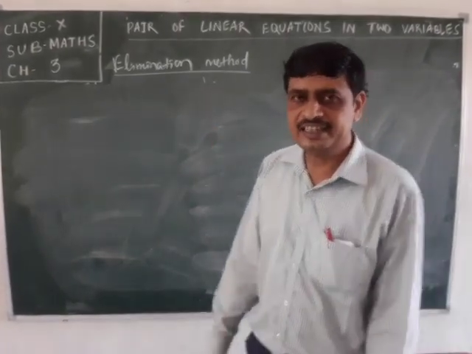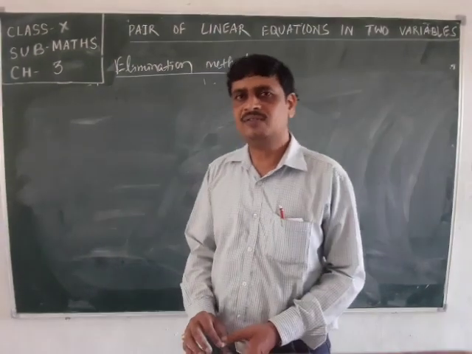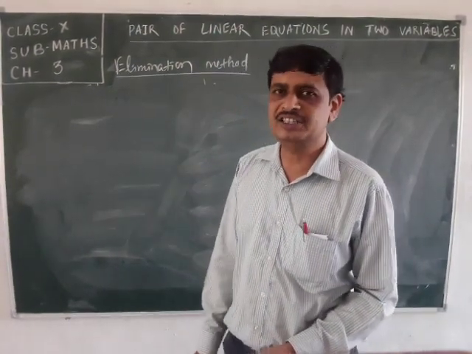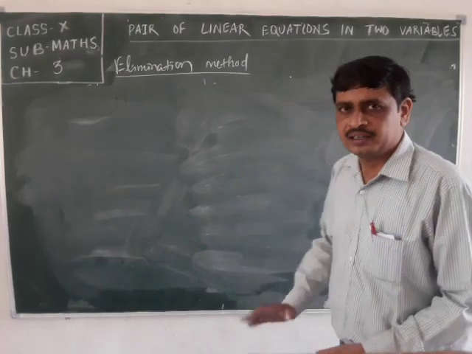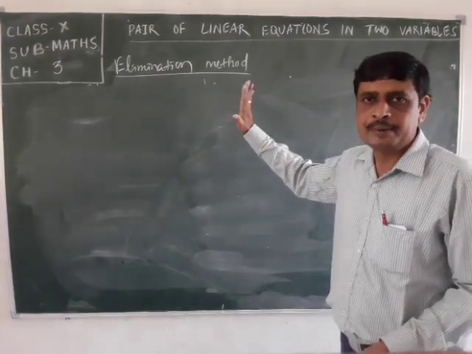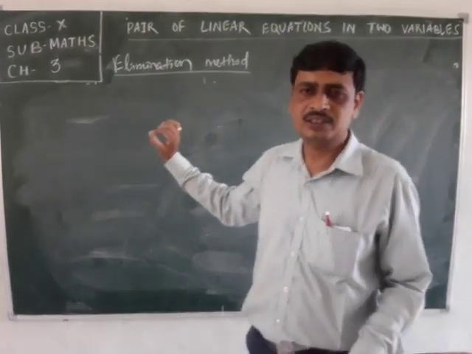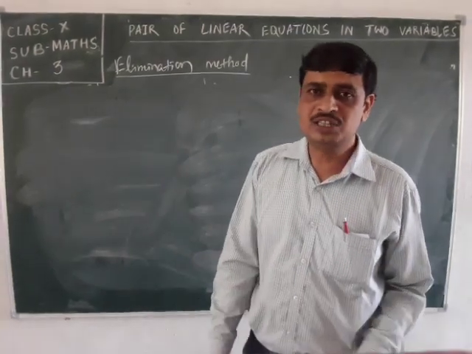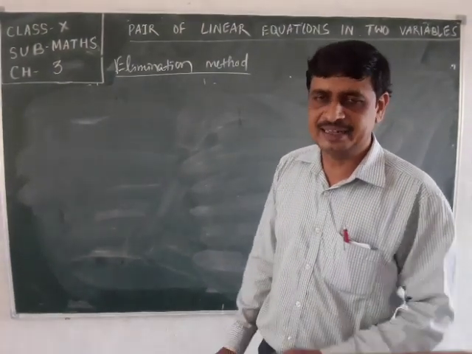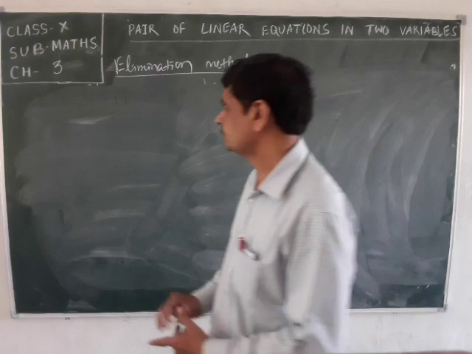In the case of a linear equation in one variable, we can find the value of that variable easily. According to that process, we can find the value of the variable which remains after elimination of the other variable.